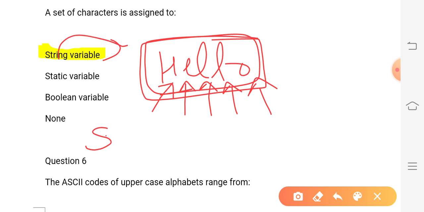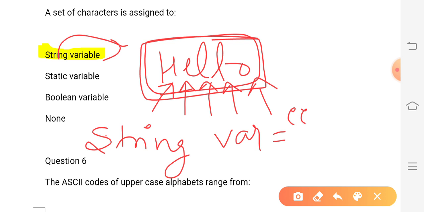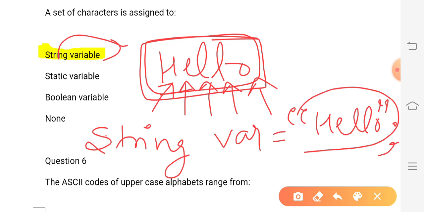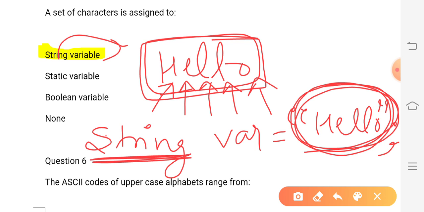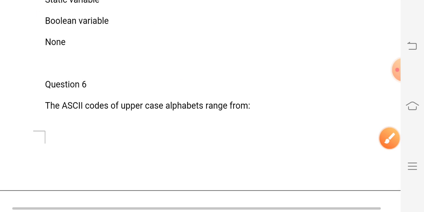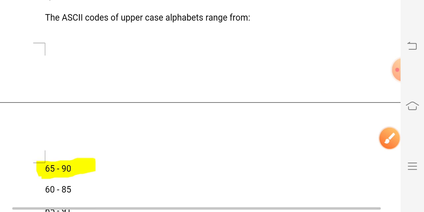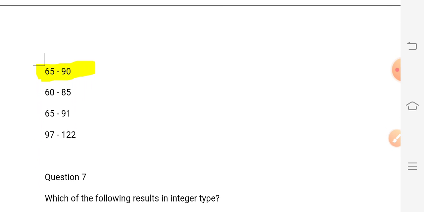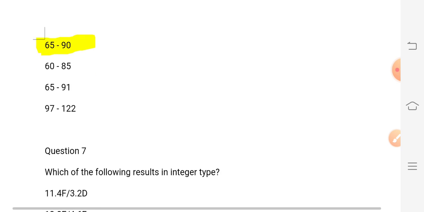For example, we can write it like this: take a string type of variable var and assign here hello. So it asks that if there is any set of characters, for example this one, which type of variable will you assign it to? String type of variable. Correct. 6th, the ASCII codes of upper case alphabets ranges from 65 to 90.